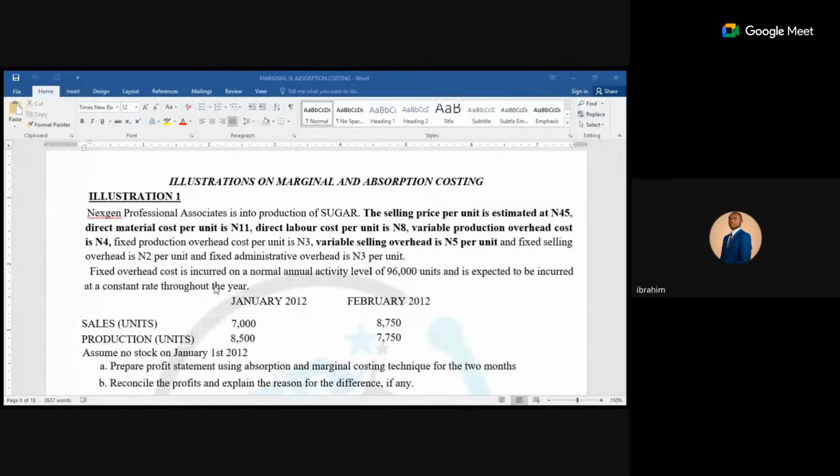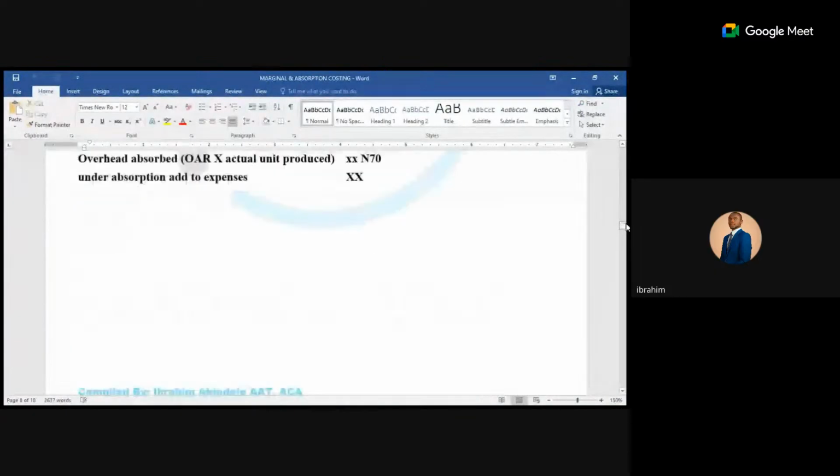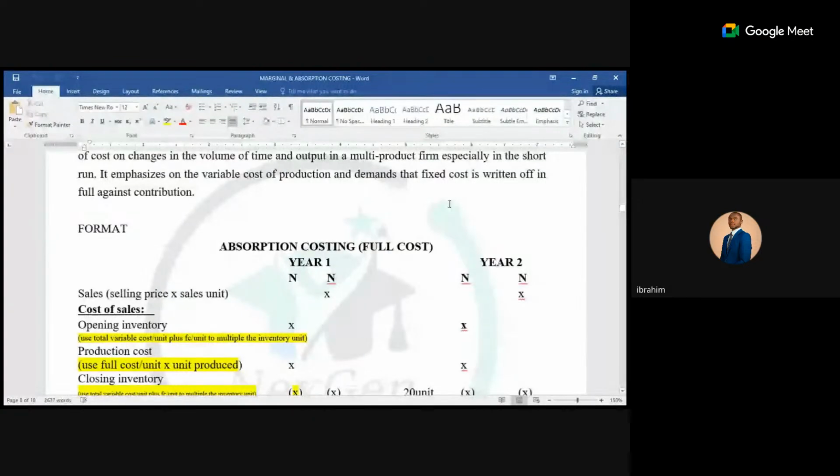They will apportion their overhead on the basis of the budgeted units produced of 96,000 units. You are tracing that fixed overhead cost to the budgeted 96,000 units, and it is expected to be incurred at a constant rate throughout. We had all this before when we treated the marginal costing.